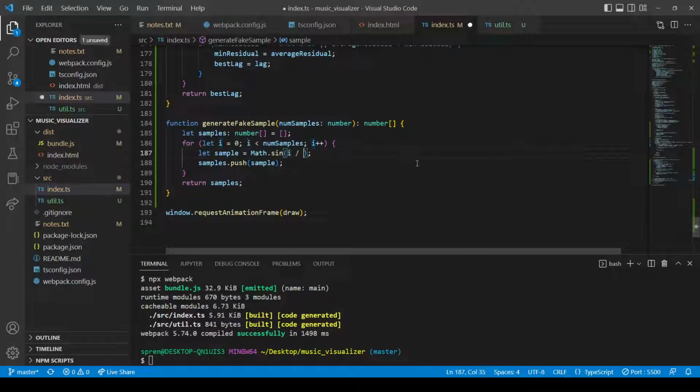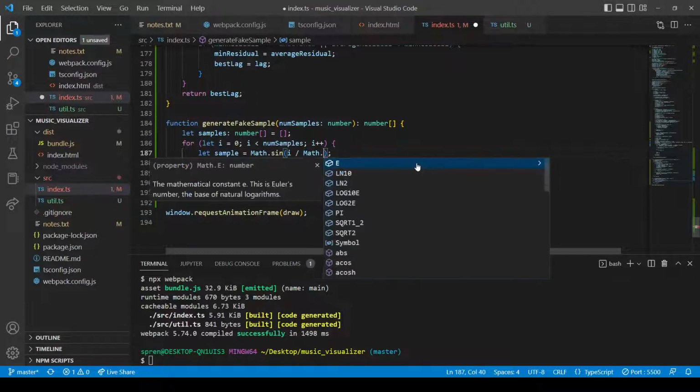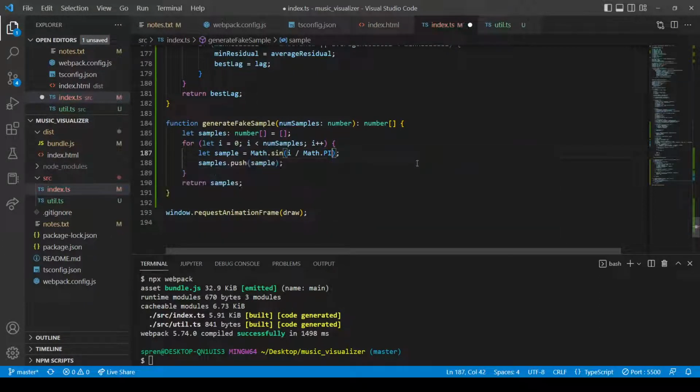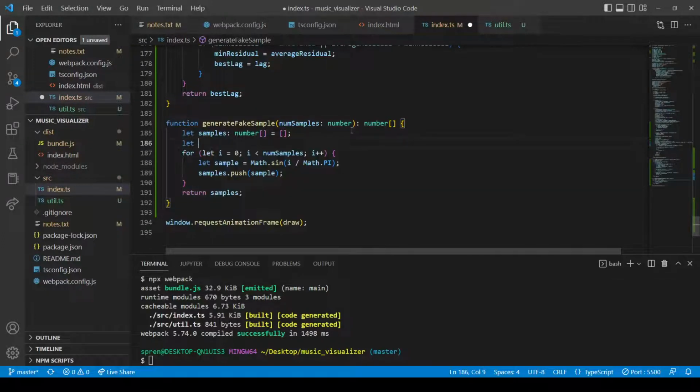So let's divide by, okay, yeah, let frequency be 1,000, I guess. I'd like to just be able to change the frequency.